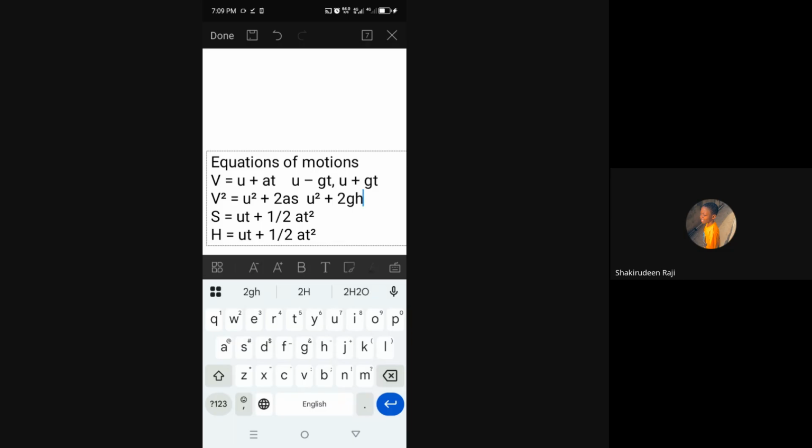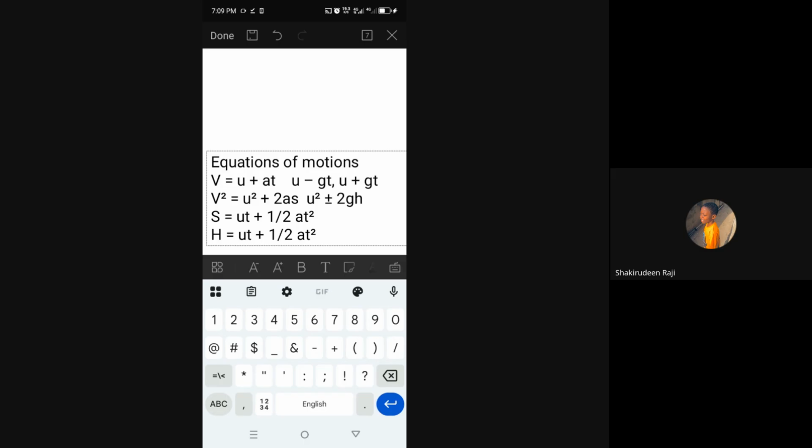Or 2GH, because I have said vertical distance, we call it height. I can also say U square minus 2GH if the motion is against gravity. But if the motion favors gravity, it is U squared plus 2GH. Do you understand that?